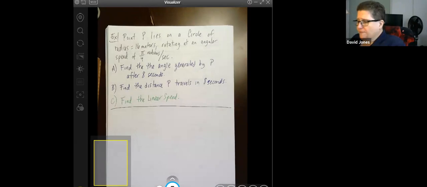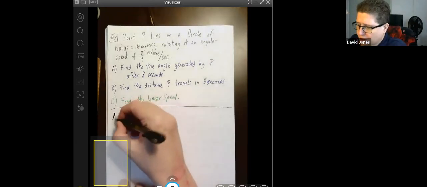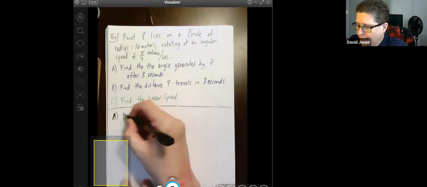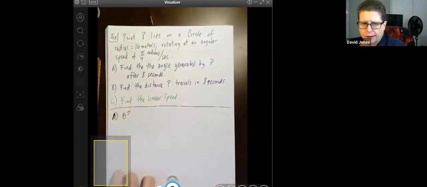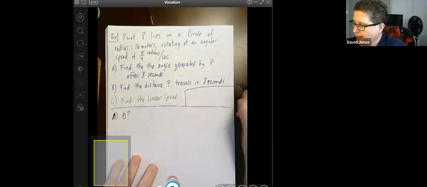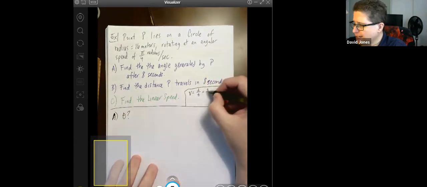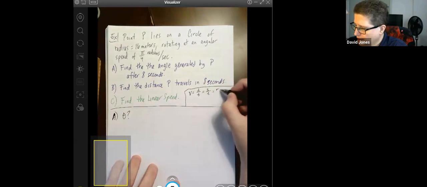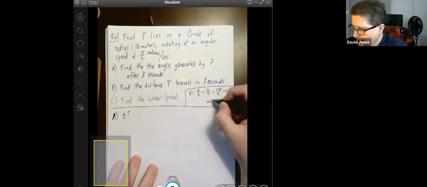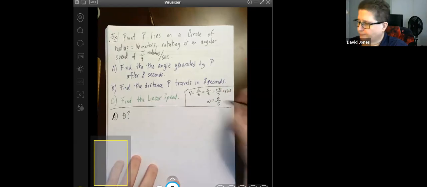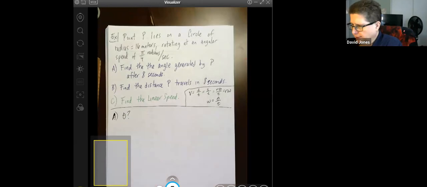All right, so finding the angle generated, we're looking for theta. What equations do we have? We have v equals d over t, which is s over t, which is r theta over t, which is r omega, and omega equals theta over t. What's given to us?